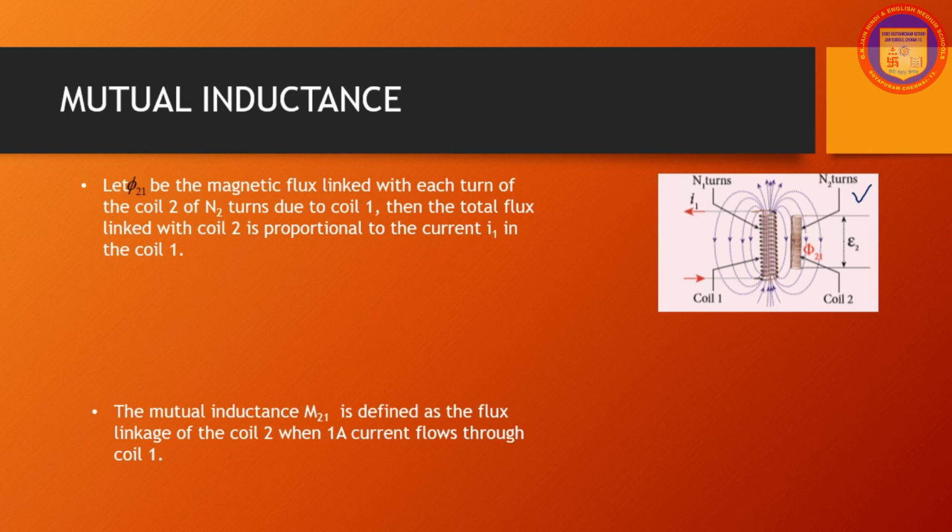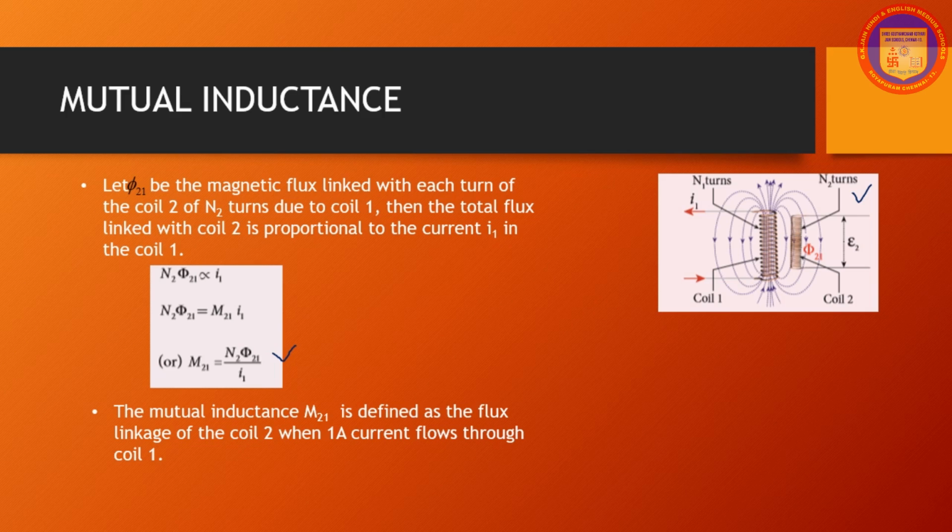Then the total flux linked with the coil 2 is proportional to the current I1 in the coil 1. So we have N2 phi 21 is proportional to I1. N2 phi 21 is equal to M21 I1, or M21 is equal to N2 phi 21 divided by I1.